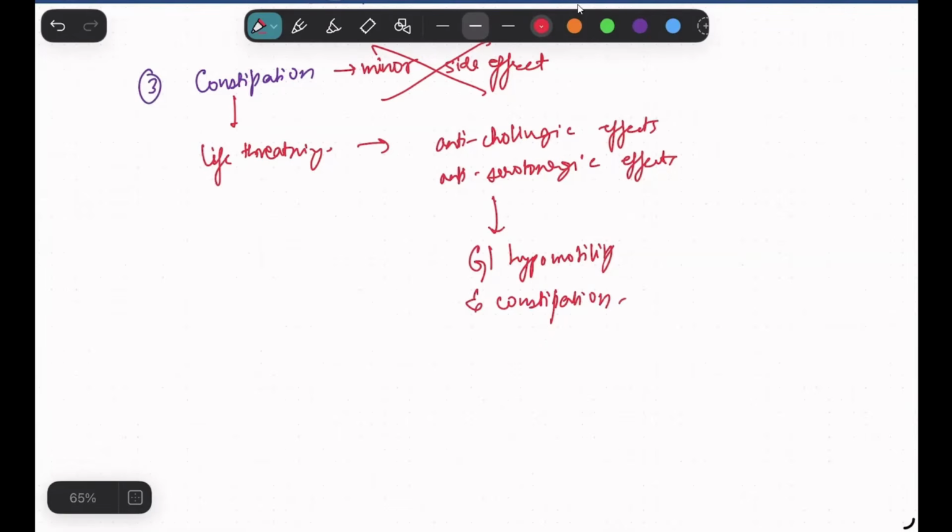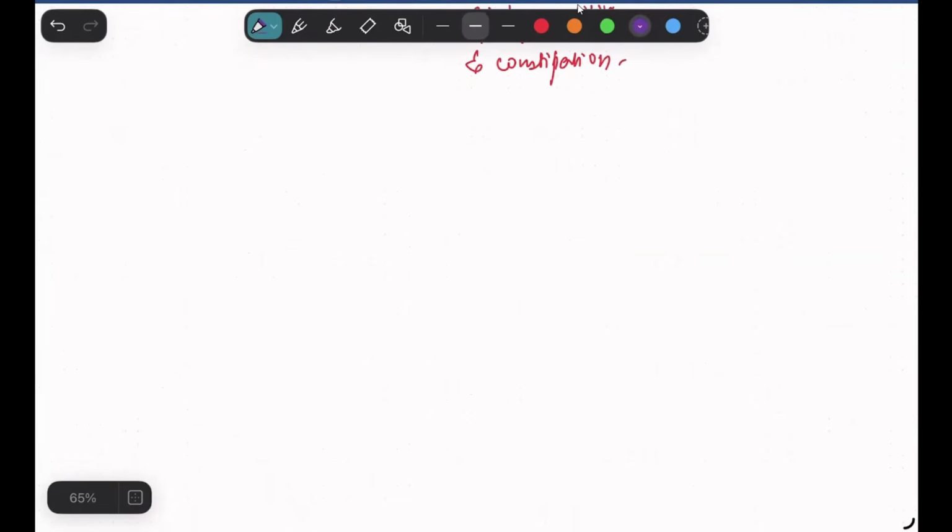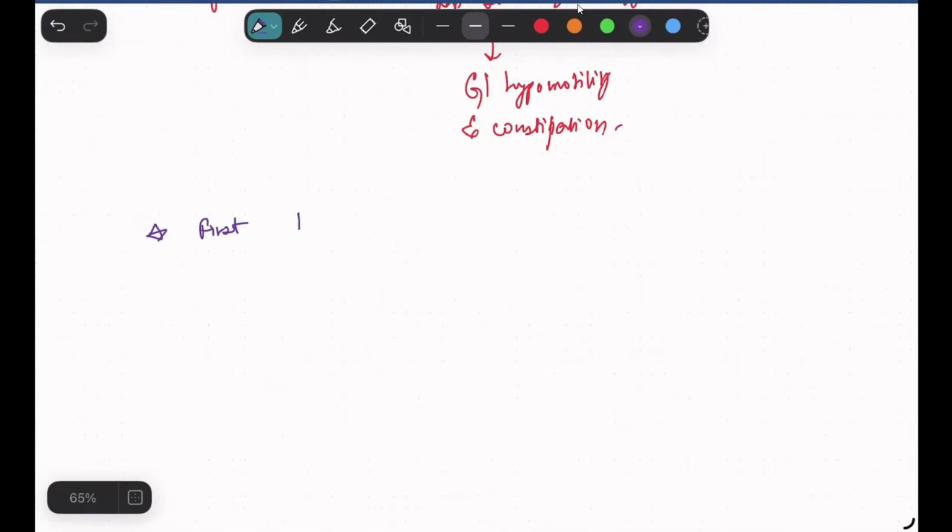One thing you need to remember: when is the risk of constipation highest? The highest risk of constipation is during the first 4 months, but the risk can persist long term. Clear?